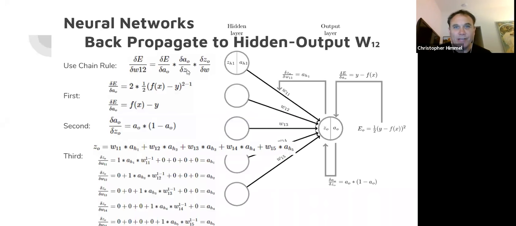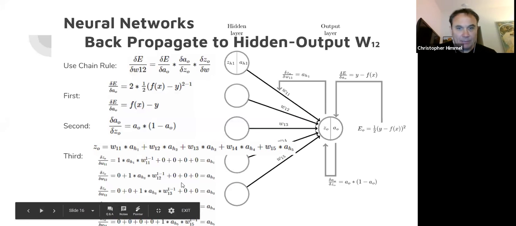So you can cross those out, and what you're left with is partial E with respect to W, which is what we're trying to find. So we just rewrote this. This is called the chain rule of partial derivatives. So given that this is equal to this, if we can find each one of these pieces, then we can multiply them together and we got our answer. We got our partial. We got our contribution.